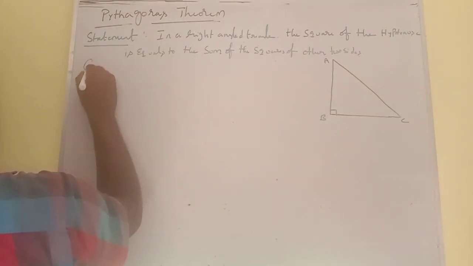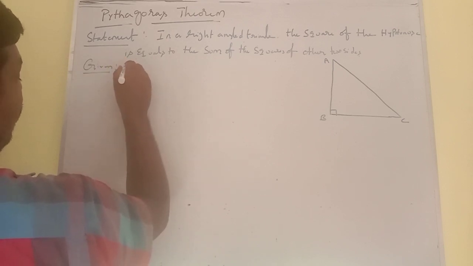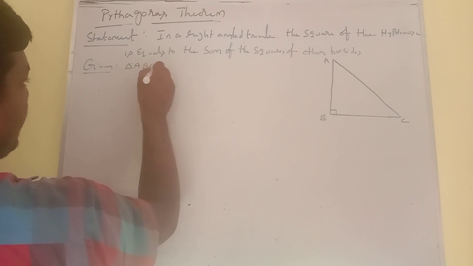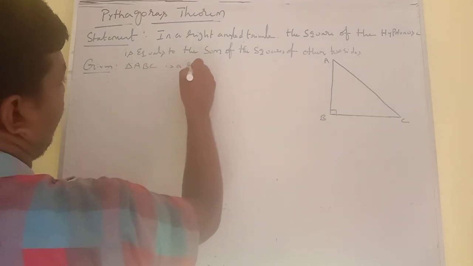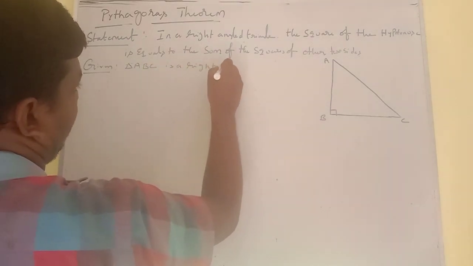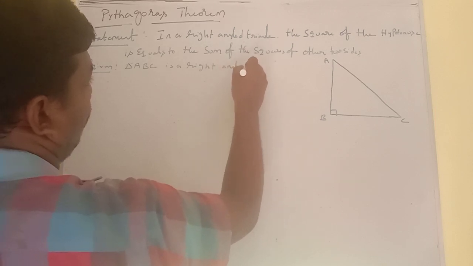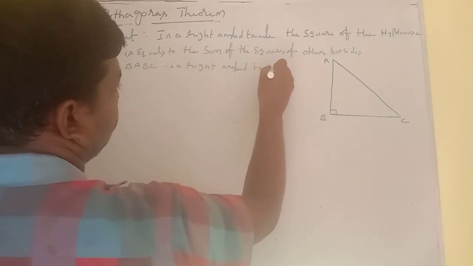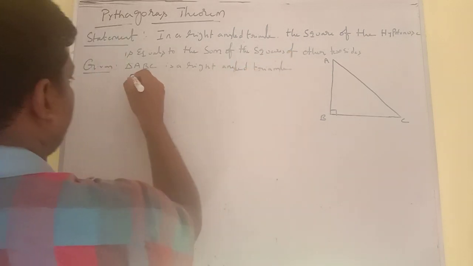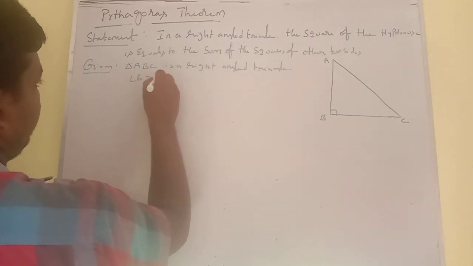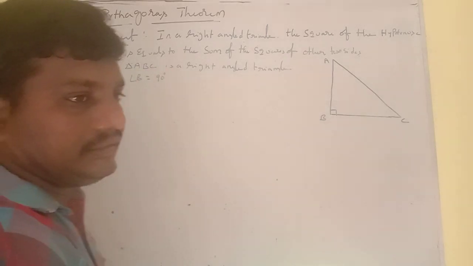So what is given here? Given is triangle ABC is a right angle triangle, with the right angle at B. Angle B is 90 degrees.